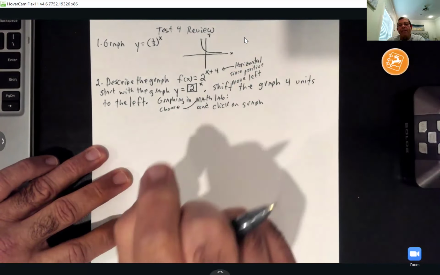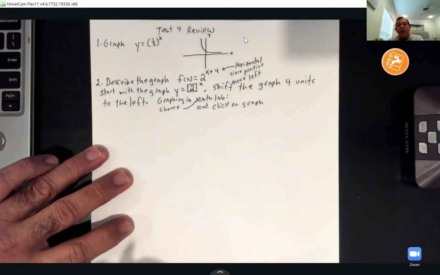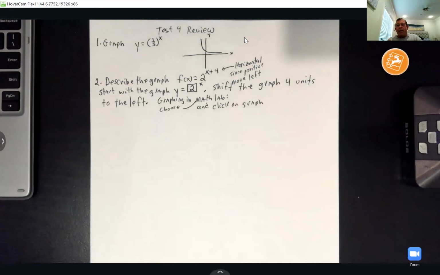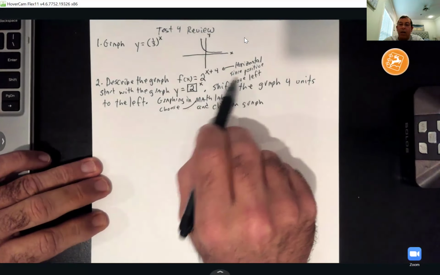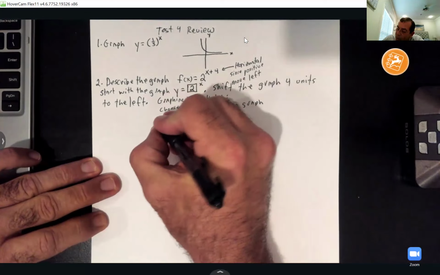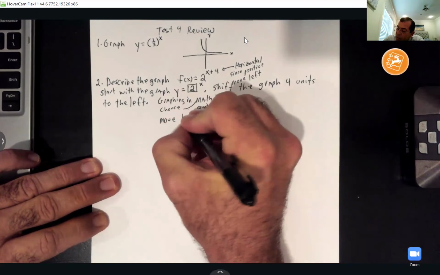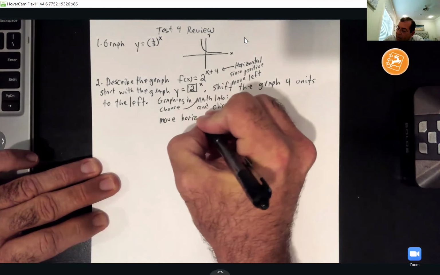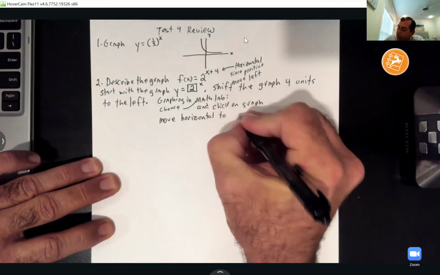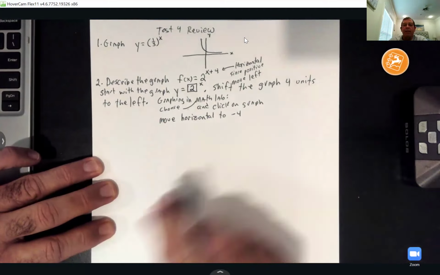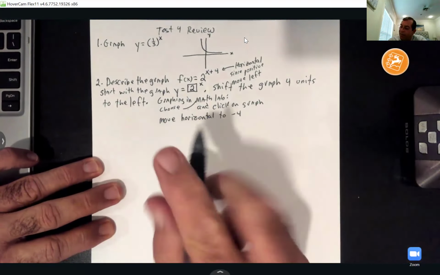Once you click on the graph, it's going to put the graph on there. Then it's going to open up that little box on the side. So since this was a horizontal left, we're going to move the horizontal to -4. Okay, so you're sliding that horizontal to -4.